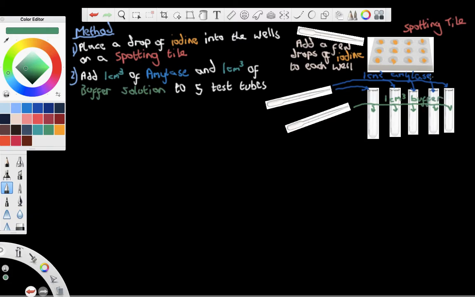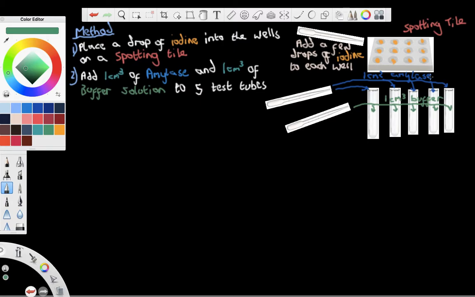Now remember, the buffer will keep the test tube at the same pH. So if you use buffer solution 5, it will keep it at a pH of 5. If you use buffer solution 7, it will keep it at a pH of 7. Okay?